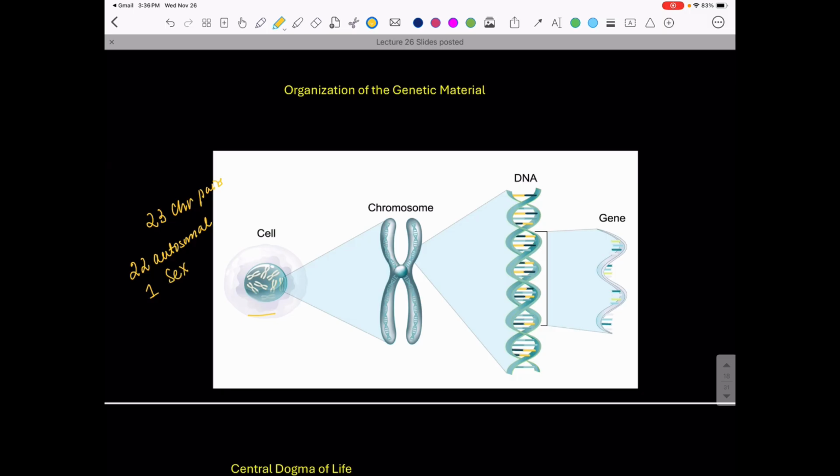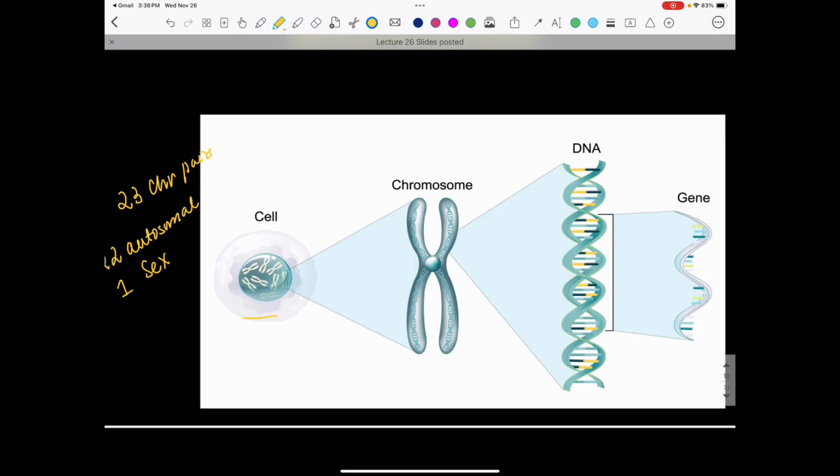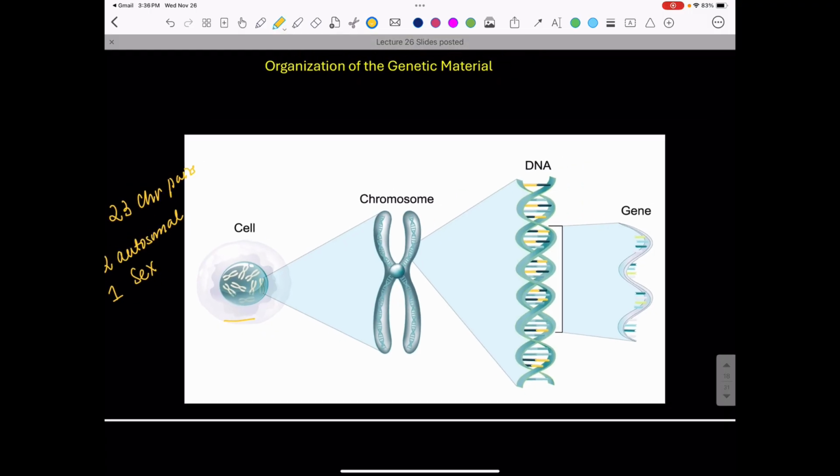So you can see that these chromosomes are heavily condensed structures. They have this sort of a structure that you have seen where it forms like an X sort of a thing and held together by the centromeres at the center.